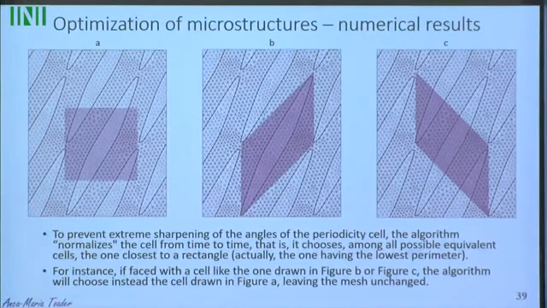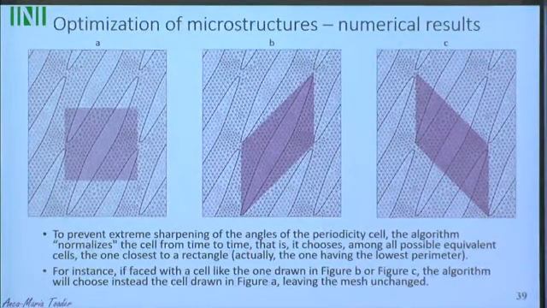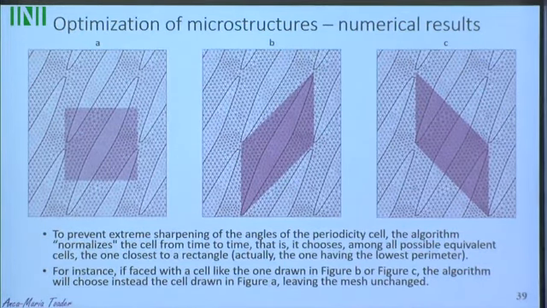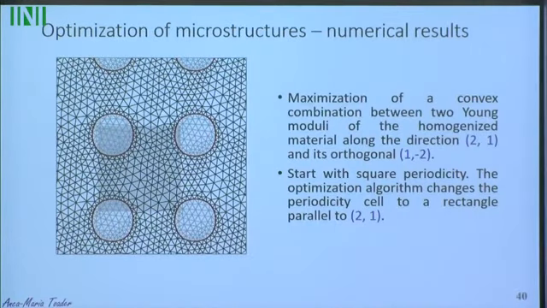That means it will choose among all possible equivalent cells the one which is closest to a rectangle by choosing the one of lowest perimeter. So we would prefer to use this type of cell, of course, by leaving the mesh unchanged. So, let us see an example.